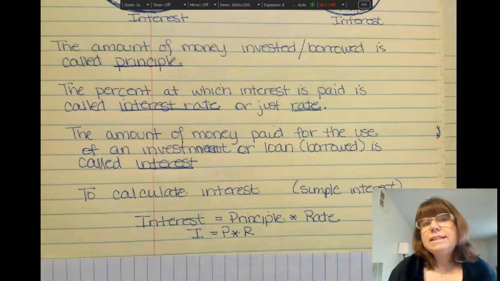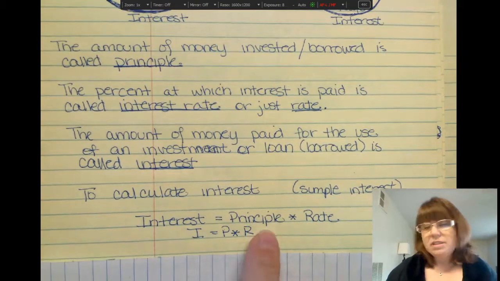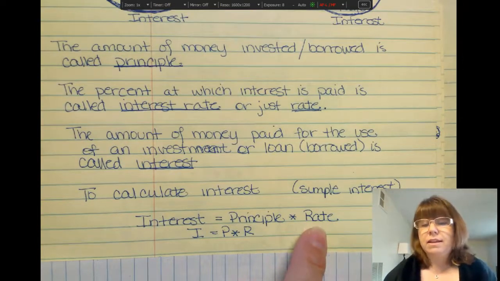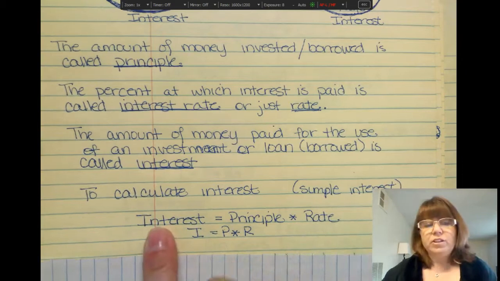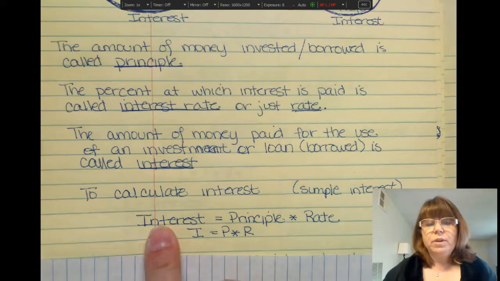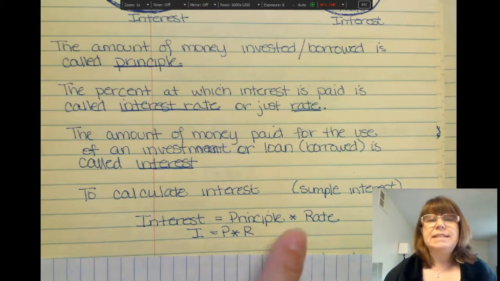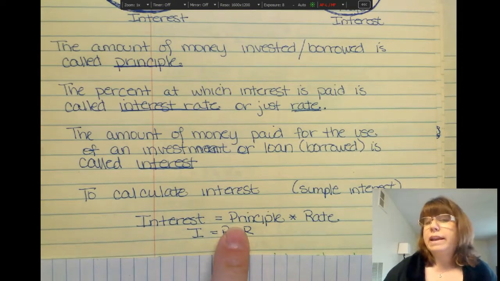Now, to calculate simple interest, it's going to be our principal times our interest rate, and this is in decimal format, is going to equal our interest. For example, if my principal is $100 and my interest rate is 10%, the interest I have to either pay or I get is $10.